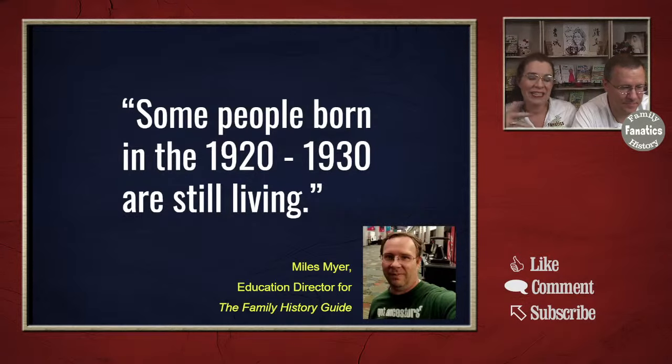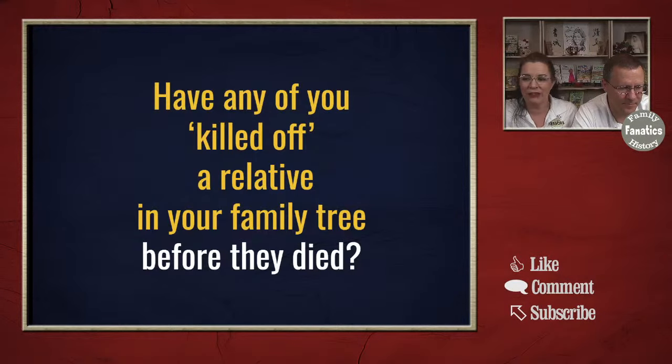Now, in the chat, I would love to know if anybody has accidentally killed off a relative before they actually died, and I'm going to tell you, I did that. I killed somebody off on my family tree. I am not an actual murderer. Or murderess.